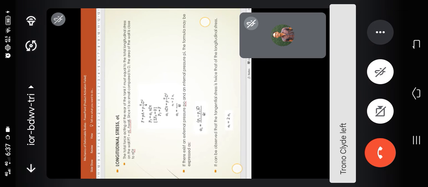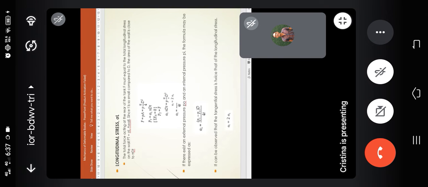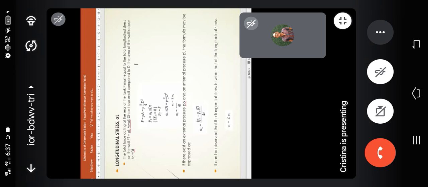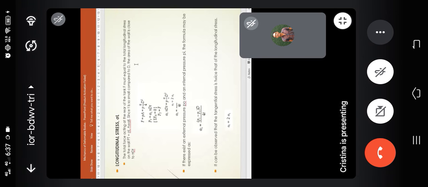Since T is so small compared to D, the area of the wall is close to pi D T. For this, we assume that T is so small, so the area of the wall is pi D T. That's for the force at the rear. So, pi D T is the area of the wall.